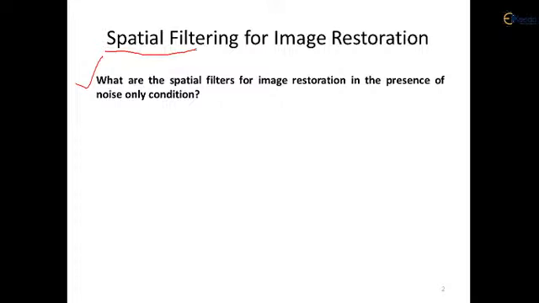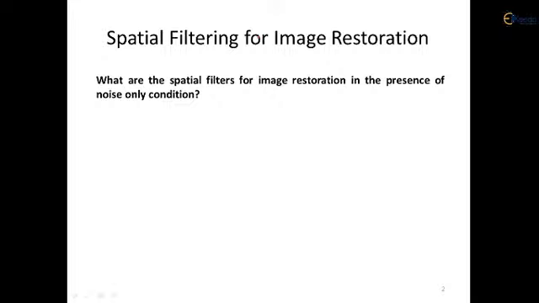I must make it clear that we have to provide the details of 3 types of spatial filters for this task, and these 3 filters are mean filters, order statistic filters, and lastly the adaptive filters.